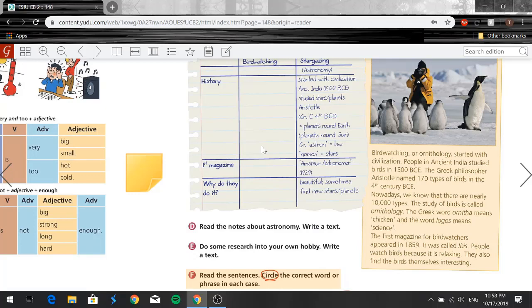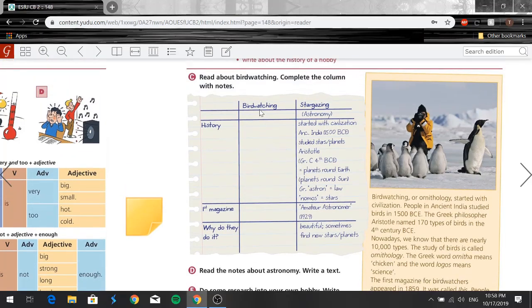Alright, so based on the text that we just read for bird watching, obviously it's called ornithology, right? So we'll write ornithology. And for history, we'll say that it started with civilization. We'll also say that, what can we say?